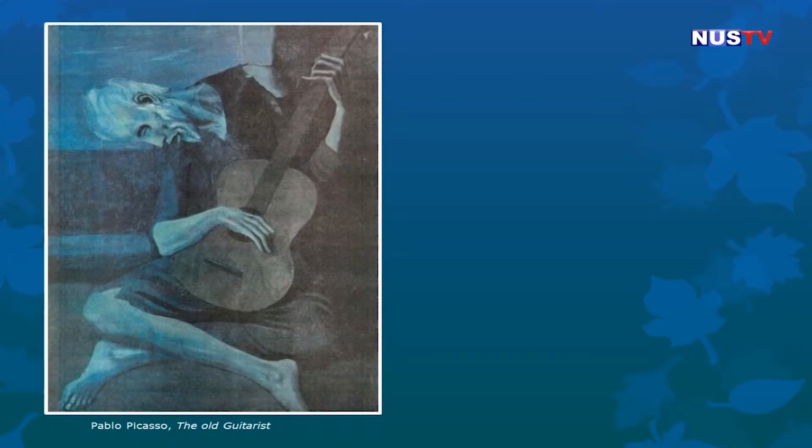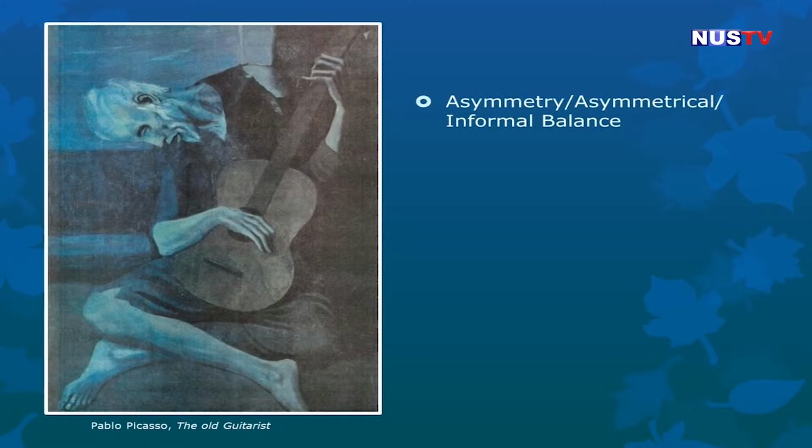How about this painting by Pablo Picasso? What form of balance is used in this painting? Good. It is asymmetry or asymmetrical. How do we know? Let us draw our line in the center of the painting.